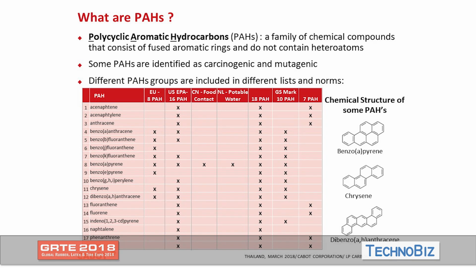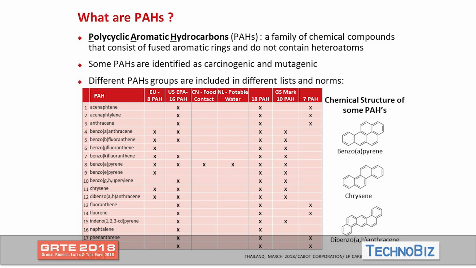Different PAH groups include different lists and norms. Here we list the major 18 different kinds of PAH. We can see that different regulations talk about different PAHs. In Europe, we're majorly talking about 8 PAHs, listed here from roughly 4 to 12.